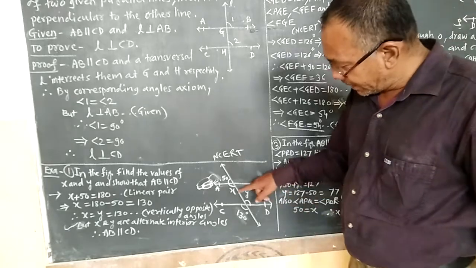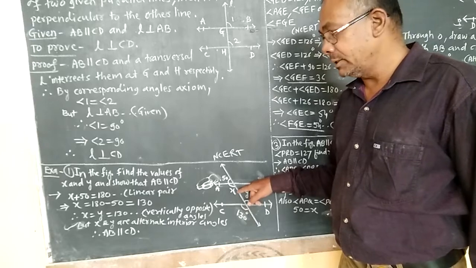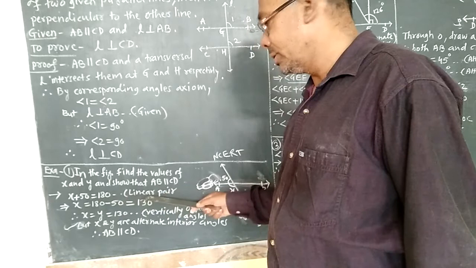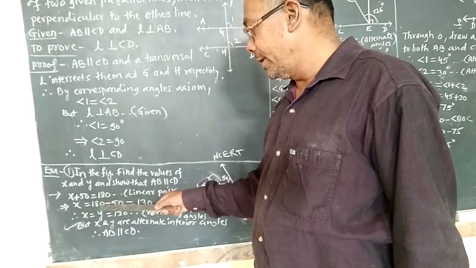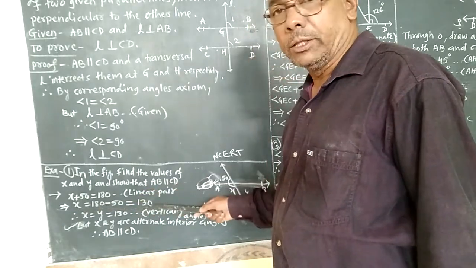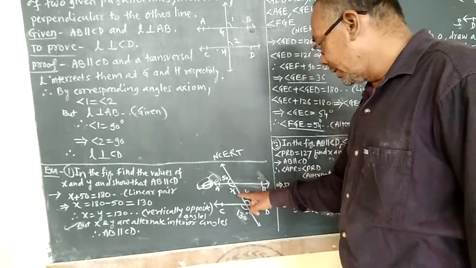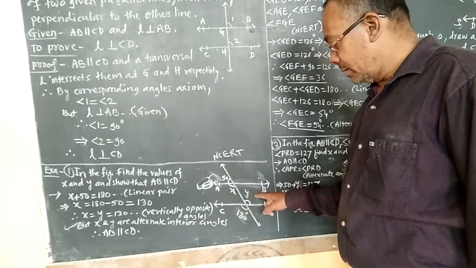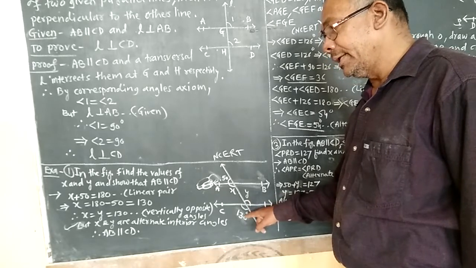Here it is seen that x and 50, these two angles are a linear pair of angles. Here x plus 50 is equal to 180 because of the linear pair of angles, and therefore x is equal to 180 minus 50, that is, the value of x is 130. Here y is equal to 130 degrees. Why?